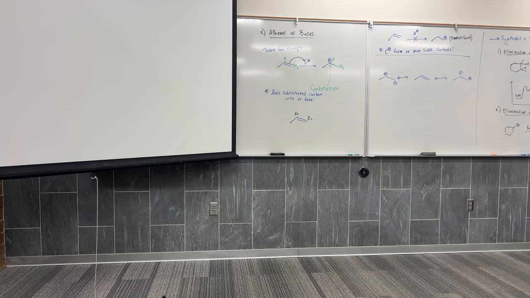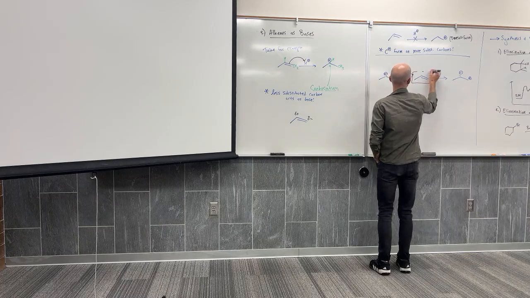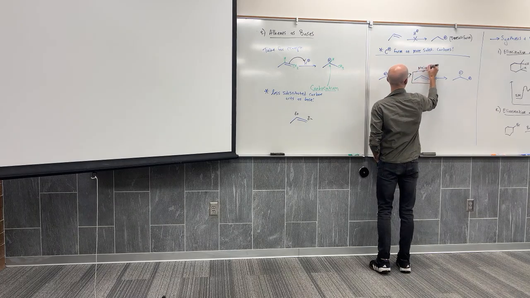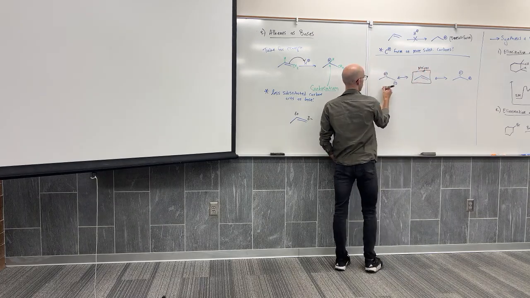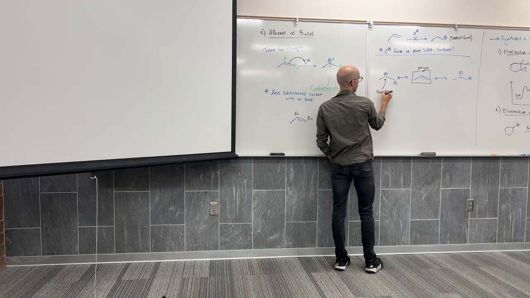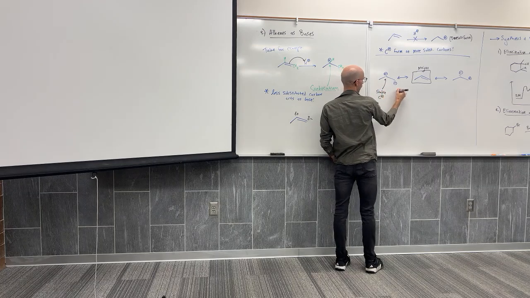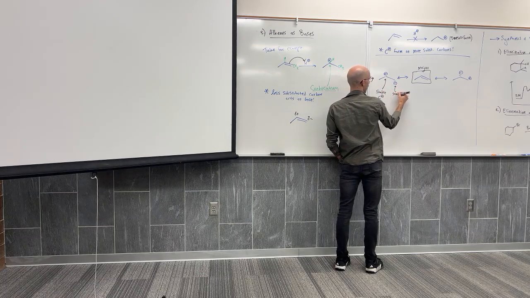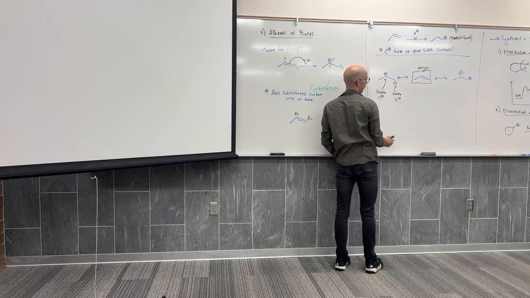The one in the middle. It has minimum charges. But what's the next major contributor that helps predict the structure? The one on the left. So of course this is our major, but the one on the left says this has a stable carbocation and it has a stable carbanion.